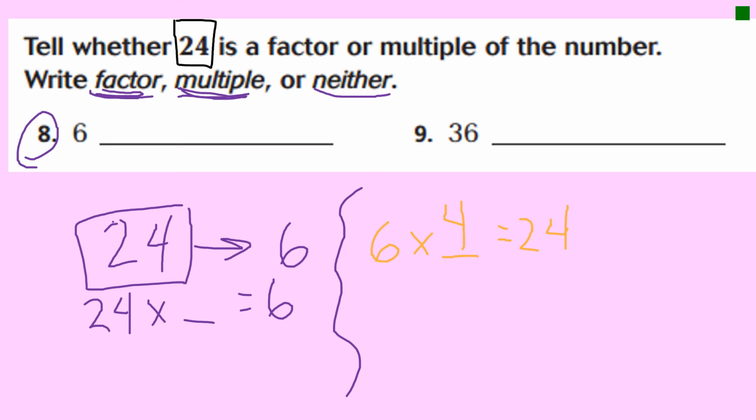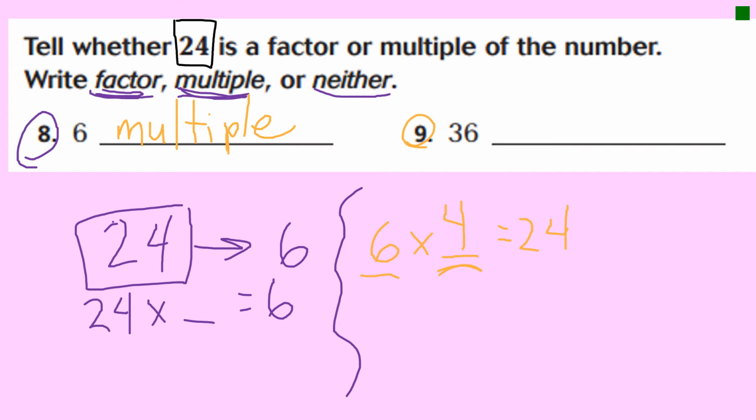So tell whether 24 is a factor or multiple of 6. 24 is a multiple of 6 because 6 times a whole number, 4, is 24. You can multiply 6 to get 24.